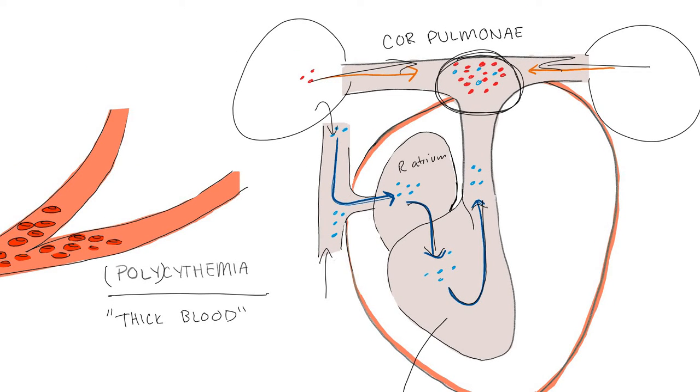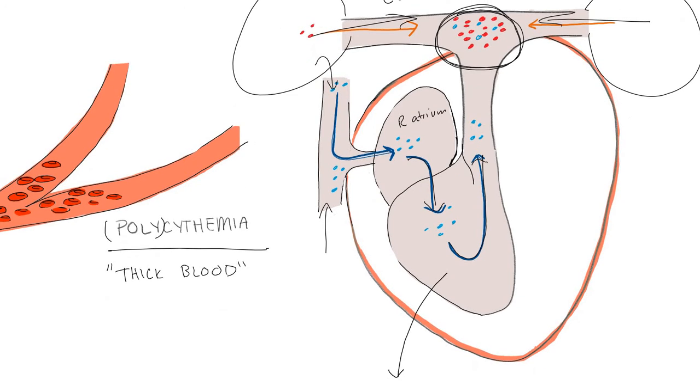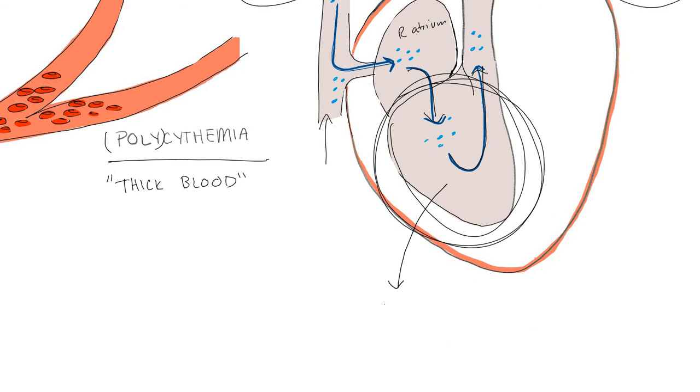So with cor pulmonale, you are going to experience a ton of problems. So you're going to experience even lower oxygenation of body tissues. You're going to have a backup of blood. There's going to be a lot of pressure right here on this left ventricle, which is also going to cause a lot of problems, including something called right-sided heart failure, which we will go over in another video, and also congestive heart failure.